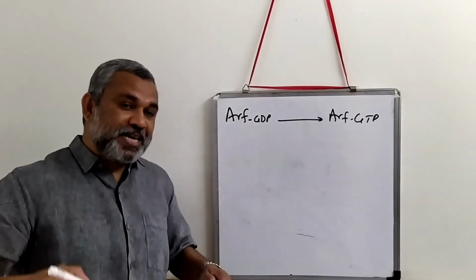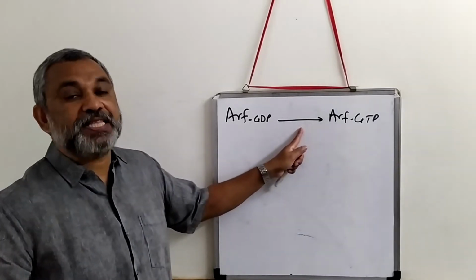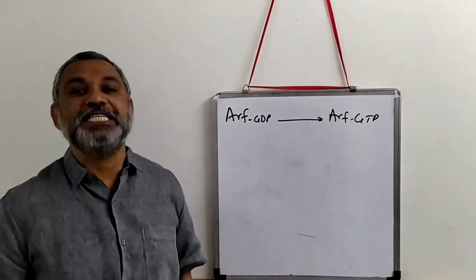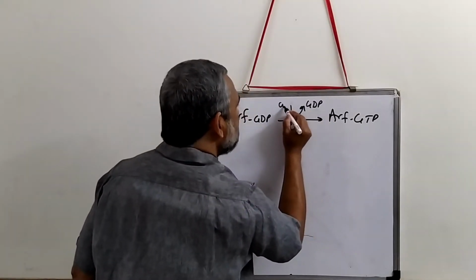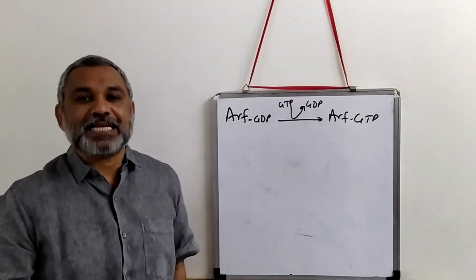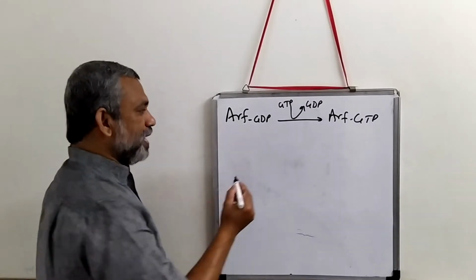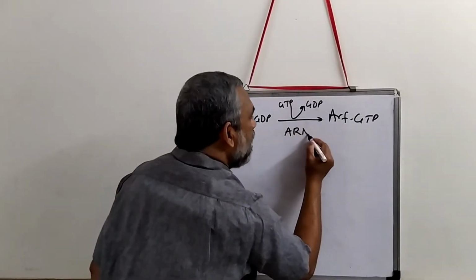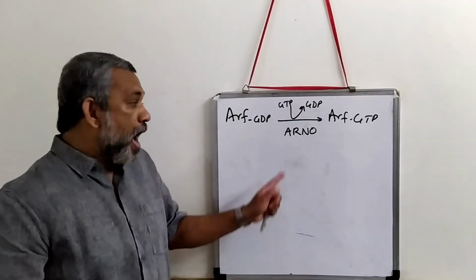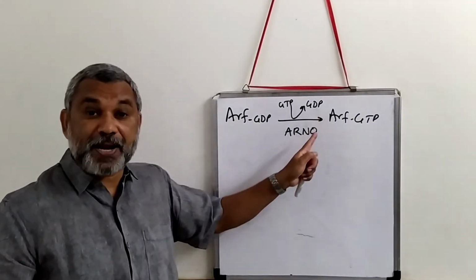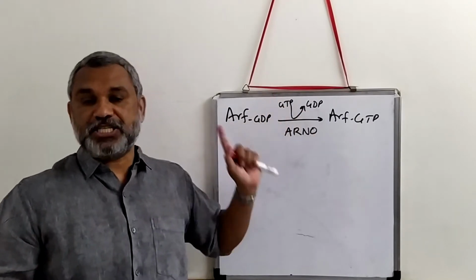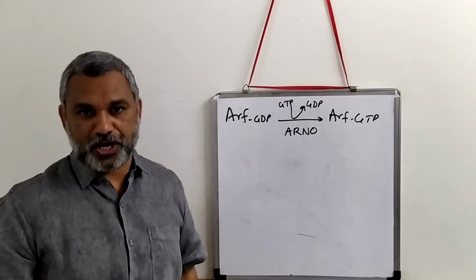Now, in this case, this activation, this replacement of GDP with the GTP, so GDP removed and GTP added, is catalyzed by another protein. That protein is called the RNO protein. RNO catalyzes the replacement of GDP with a GTP molecule.